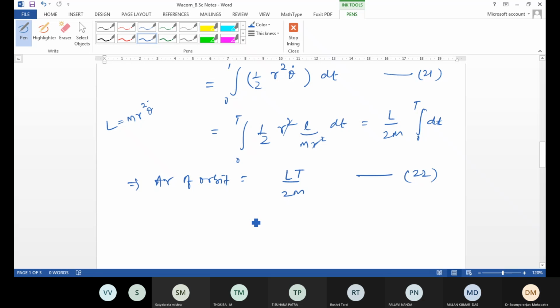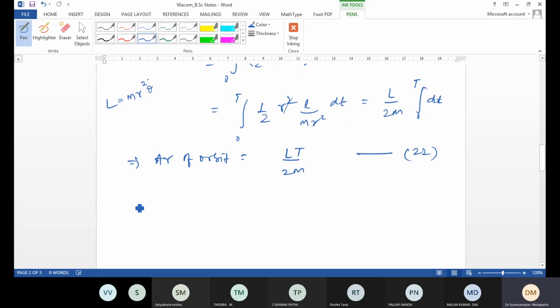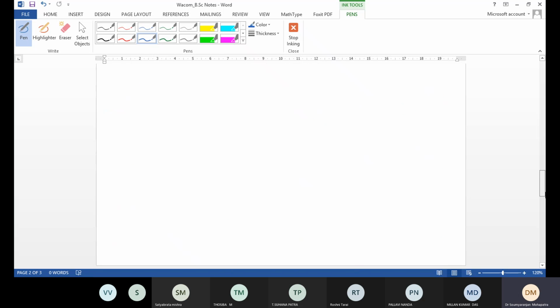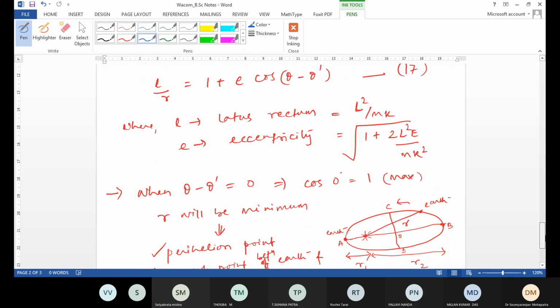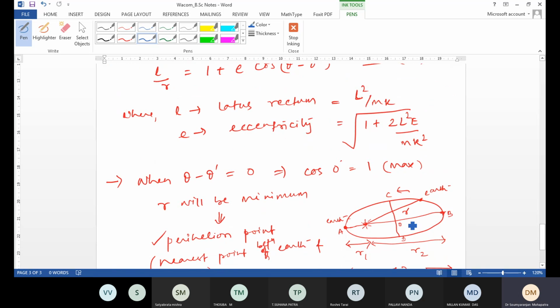Yes. Okay. But in a simpler form, we know that area of orbit is given as pi a b, because if you see this diagram, there is pi r square, isn't it?